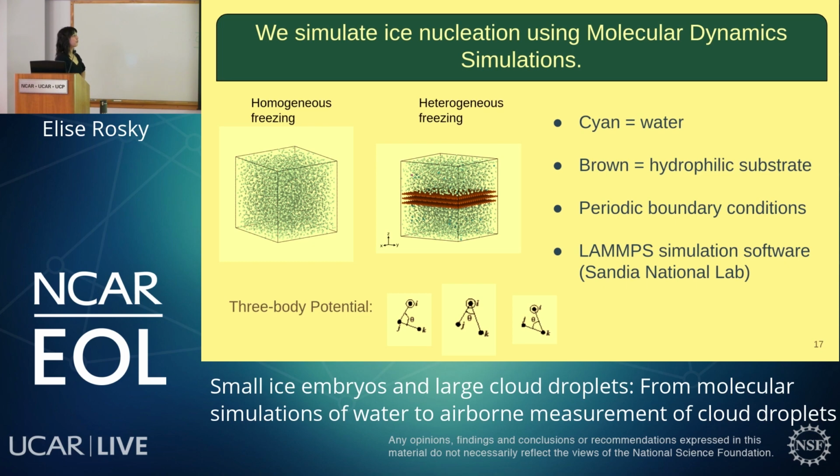So here's just some brief background on molecular dynamic simulations. We have a box filled with water molecules, and each H2O molecule is represented by one of these cyan spheres, and they all interact with each other through this three-body potential, where each water molecule interacts with every other pair of two water molecules in the box, and the simulation computes the angle between each set of three water molecules, and it has a minimum potential when this angle matches the hydrogen bond angle of water.